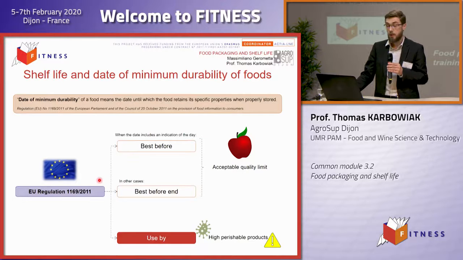And the label you can put on your food, according to the same regulation, is either best before or best before end, and that means this is an acceptable quality limit. And this also means for the consumer that you can eat the product even a little bit after this time.